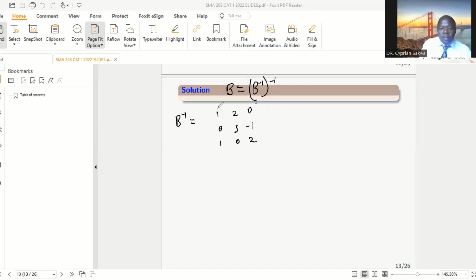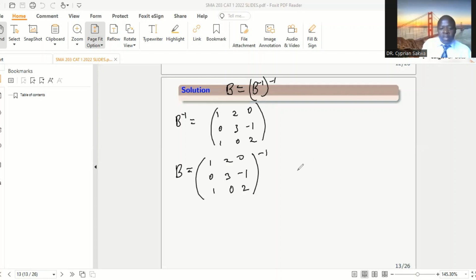For me to get the inverse of this, I need B, which is the inverse of this matrix: 1, 2, 0, 0, 3, negative 1, 1, 0, 2. So B should be the inverse of this.